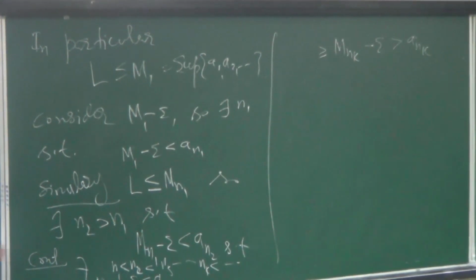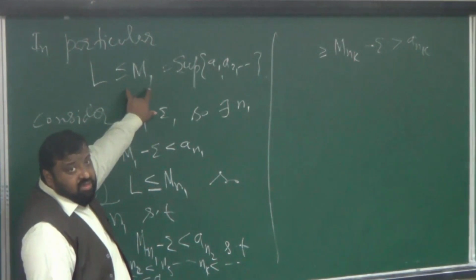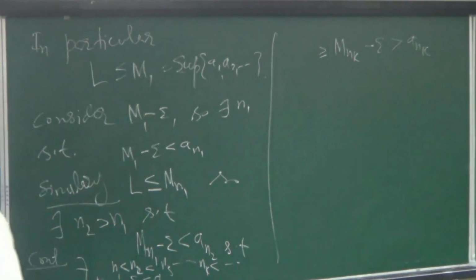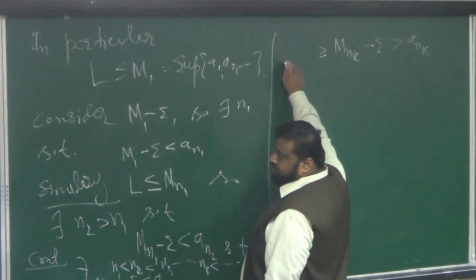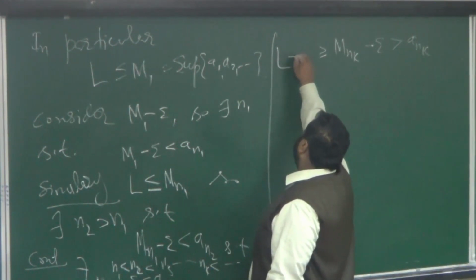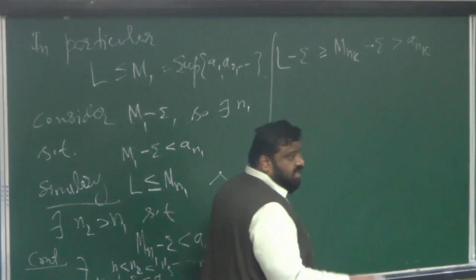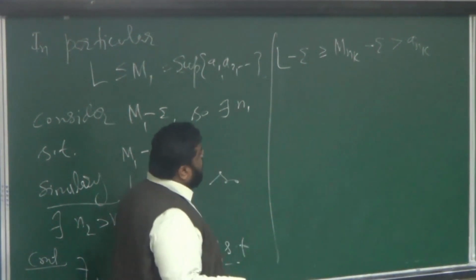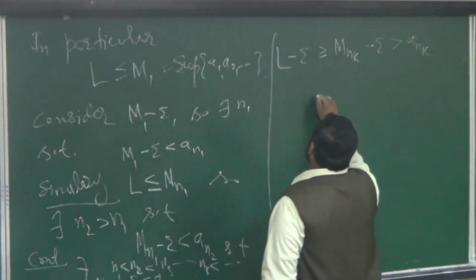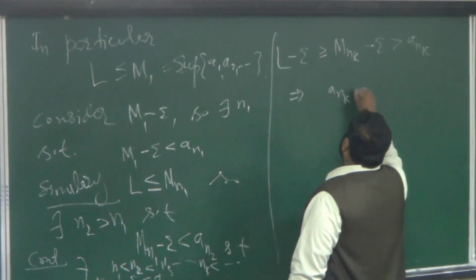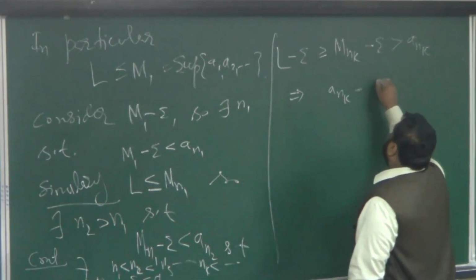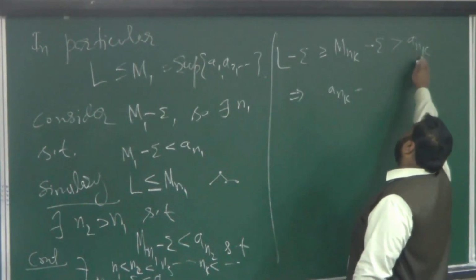We have surety from here: we are saying that L is less than or equal to all of these Mk. So L minus epsilon is smaller than M n_k minus epsilon, which is less than A n_k. So it's like bringing this quantity over.